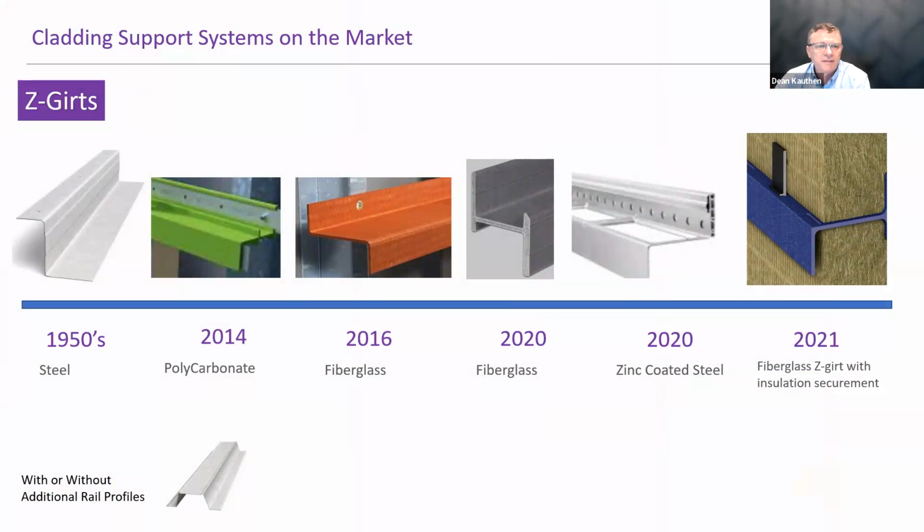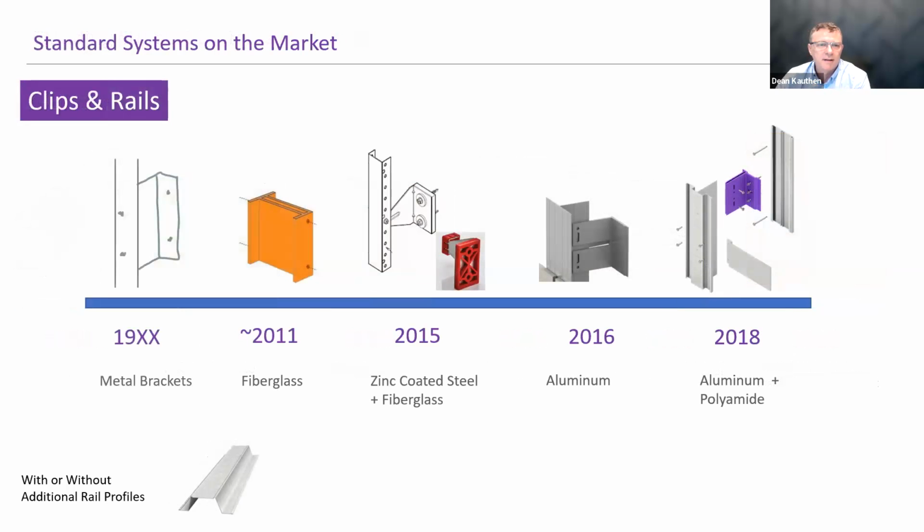And all of these solutions could be used with or without additional rail profiles, which would be like a hat channel like we see here, or a Z-girt, or a metal Z channel.